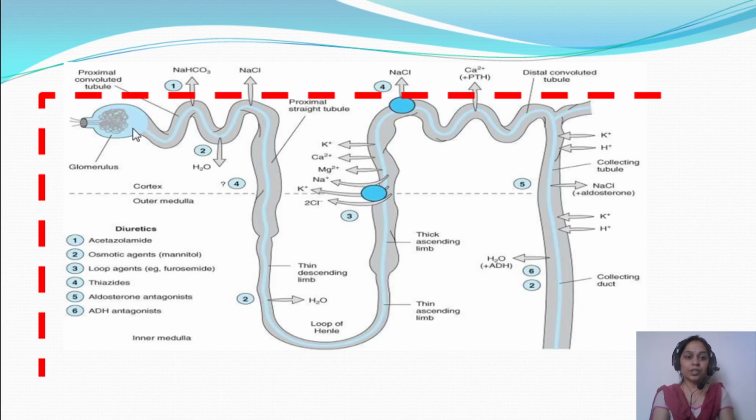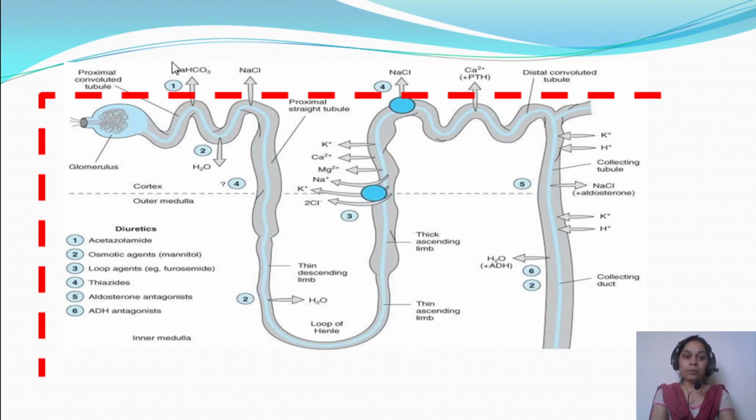After the filtration, filtrate comes into the PCT. Here, sodium ion reabsorption is coupled with glucose, bicarbonate, and amino acid reabsorption. Glucose and amino acids are completely reabsorbed in this portion of the nephron. The early stage of PCT is the primary site of bicarbonate reabsorption.